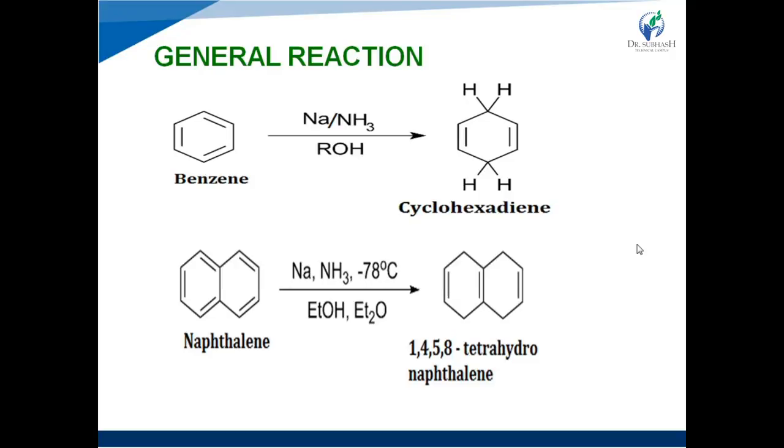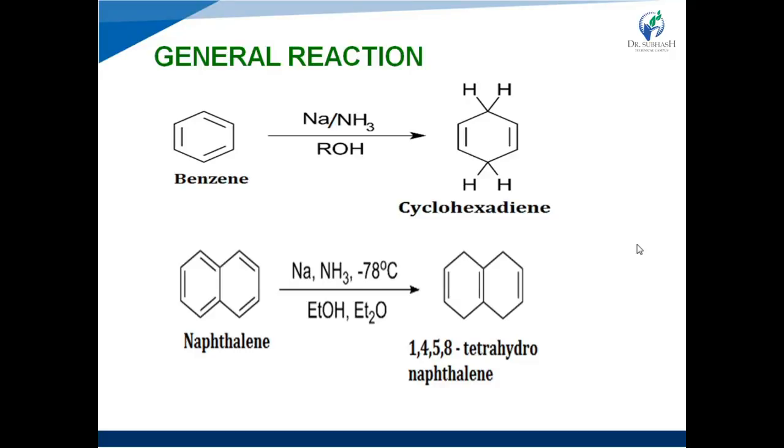Focus on the 1,4 reduction forming the product cyclohexadiene. In benzene there are 3 double bonds and the product has 2 double bonds. One double bond is saturated with the help of hydrogen atoms, and the 3 double bonded benzene is converted into 2 double bonded cyclohexadiene.